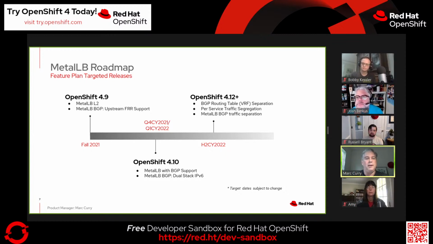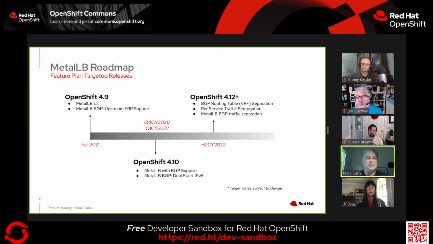And simultaneously, that's also when the upstream FRR support for BGP capability will be resolved in preparation for the next release, OpenShift 4.10, which is currently targeting the December-January timeframe of this calendar year.